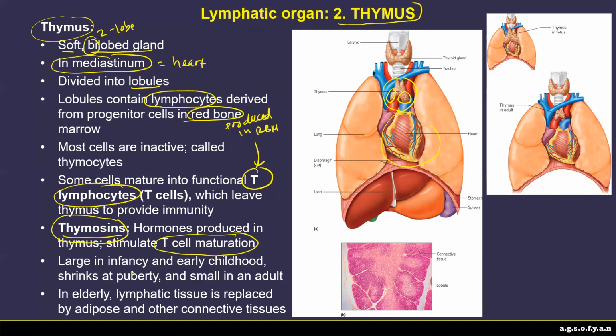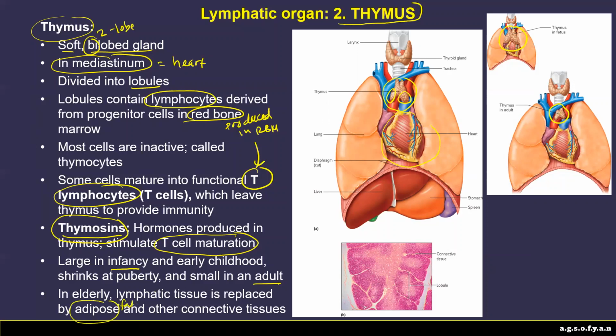Okay. If we compare infants and adults, infants and children actually have bigger lymph nodes and thymus, while adults have smaller. Older people have a smaller thymus, and sometimes it is even replaced by fat tissue.